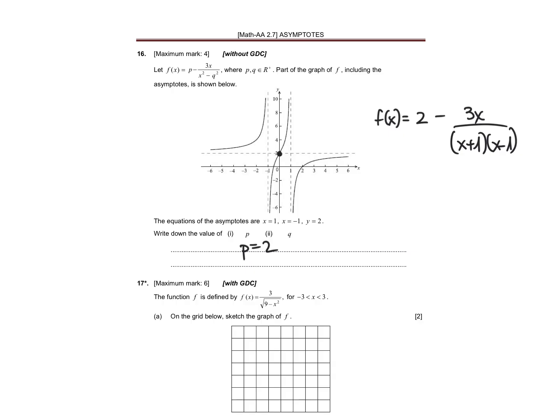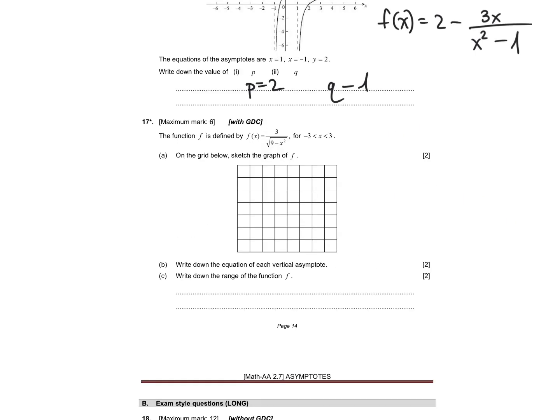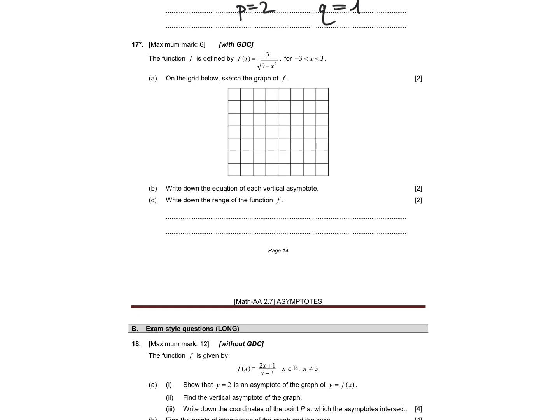Okay, so then we can just distribute this out. And then that's going to be x squared minus 1. So Q should be 1.